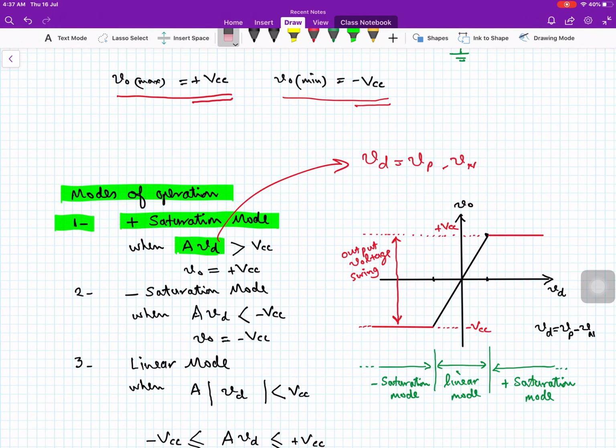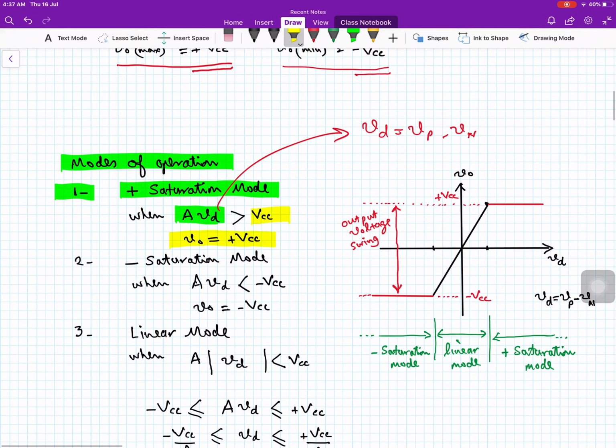When the product of A and VD is greater than VCC, the output voltage will be at plus VCC and it cannot exceed this level. Minus saturation mode means that when the product of voltage amplification and the differential input voltage is less than minus VCC, the output voltage will be stuck at the minus VCC level.